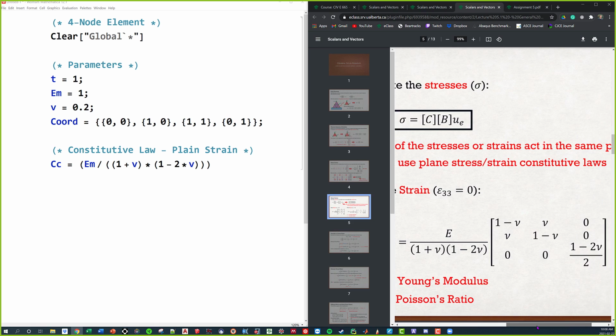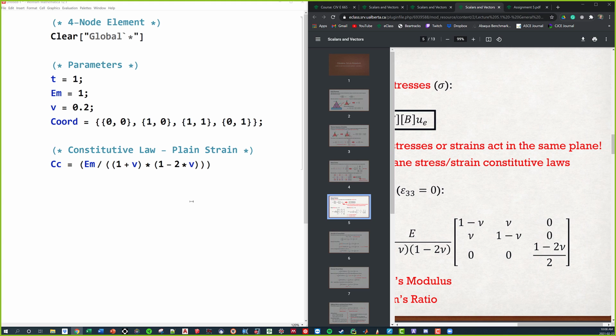Now, we have to multiply it by this 3 by 3 matrix. So I'm going to go row 1, row 2, row 3, put my commas, and put in the entries of each row. Our first row is 1 minus V, V, and 0. Nice and simple. Then the second row: V, 1 minus V, and then 0.